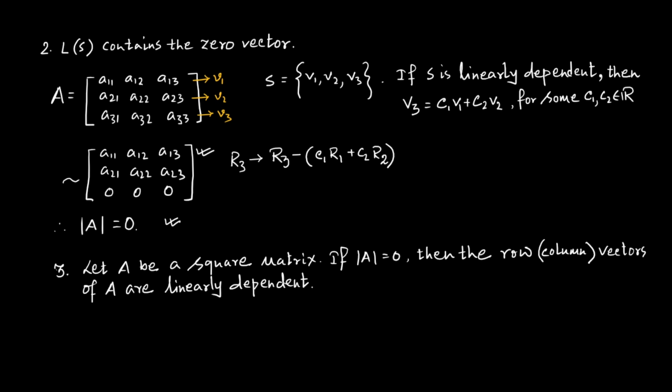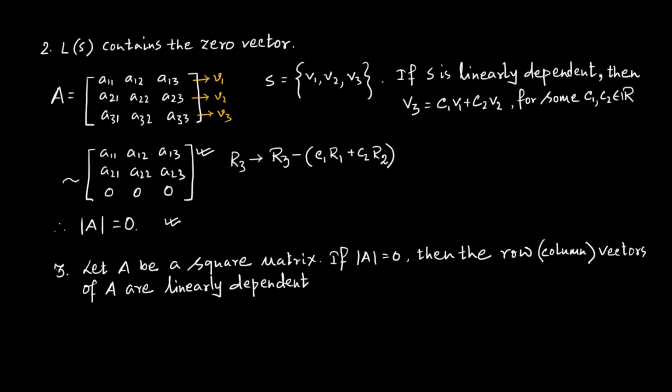You need to find that from the definition. You need to form a linear combination, and then find the values of the constants. If all the constants are 0, you know it is a linearly independent set, and if some are non-zero, you know that it is a linearly dependent set of vectors.